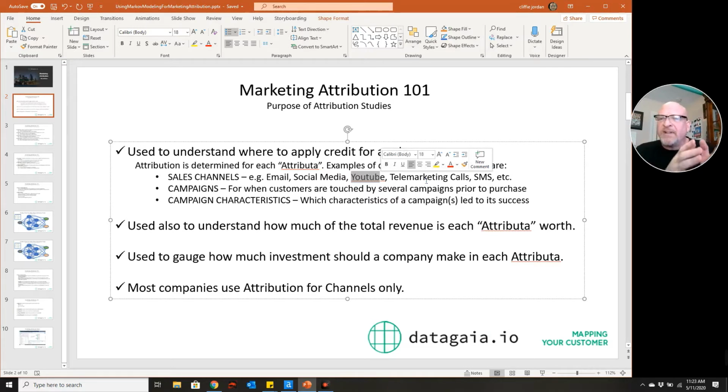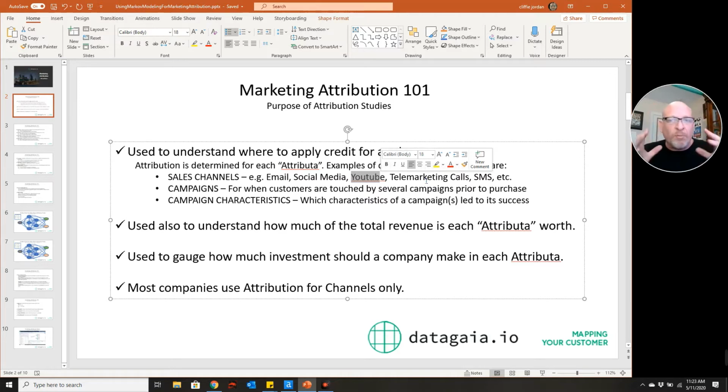So these are different characteristics of your campaign, and if your customers are making purchases after being touched several times by these different campaign characteristics, you can use the same analytics to actually attribute how much of your sales goes to each of these different characteristics, which helps you in then understanding the value of those different characteristics with respect to each other. You understand which one is working better for you and which one is not.